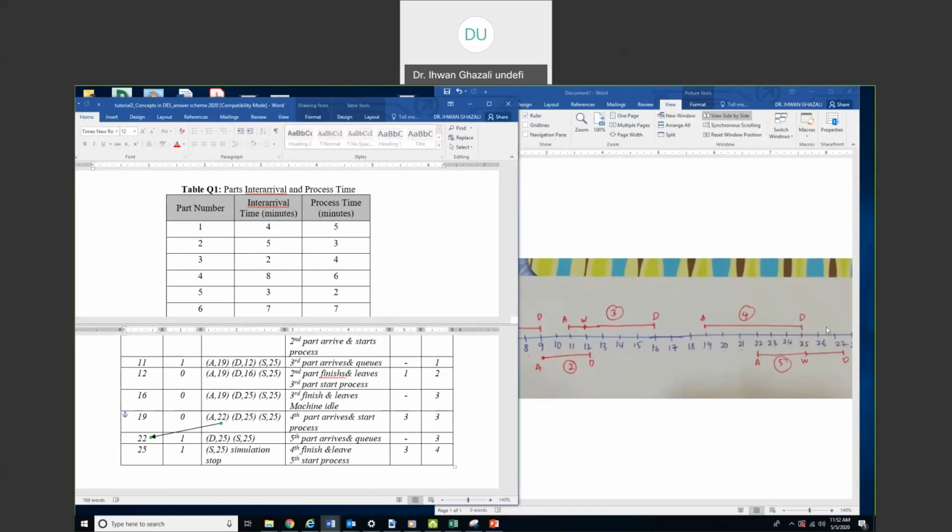The closest D is here, right? So you write down this D25. Stop 25. Okay, part 4 arrives and starts to be processed. And then 3 minutes idle of the machine. Machine idle, sorry. Part idle. One, one, two.